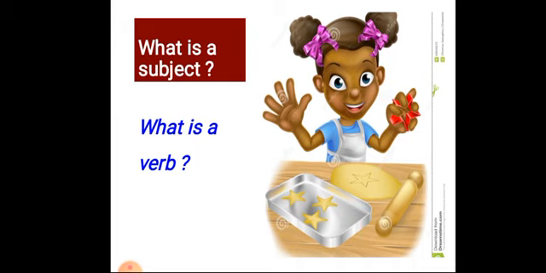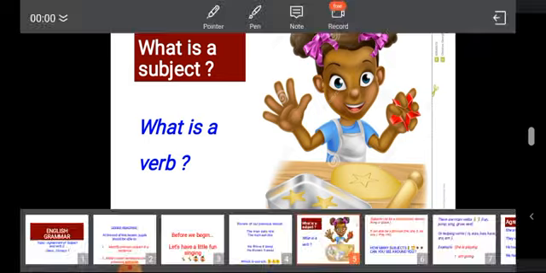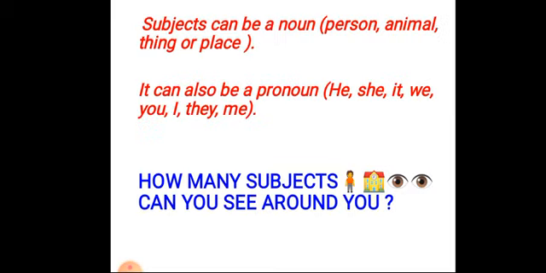If I say she is baking, I'm correct. If I say the girl is baking, I'm correct. The difference is that I have replaced the girl with the word she. So pronouns are also subjects. Pronouns like he, she, it, we, you, I, they, me are also subjects.